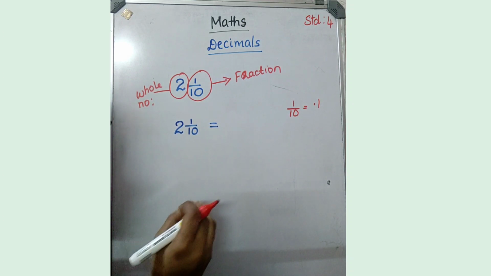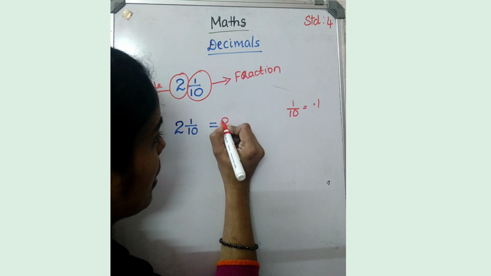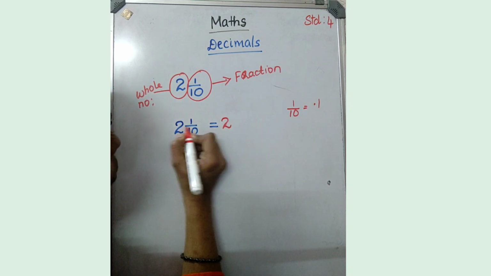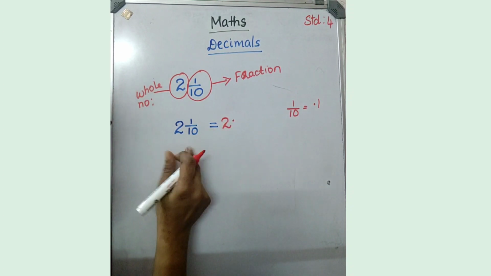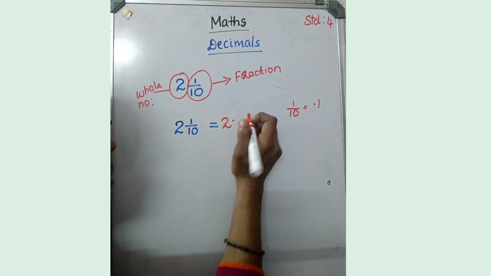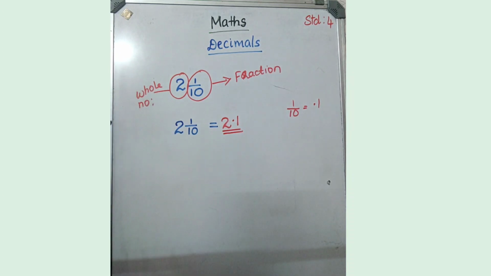So we write the whole number 2 here, then put the point, then 1 by 10, 0.1. So this is the decimal number of this mixed fraction.